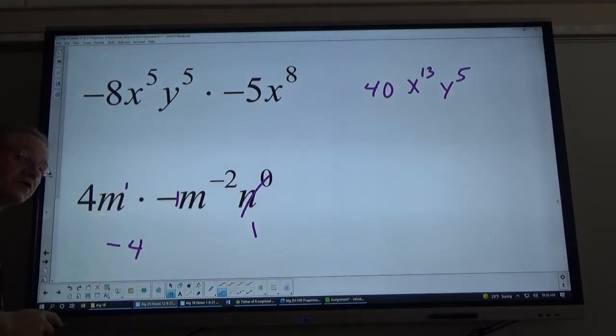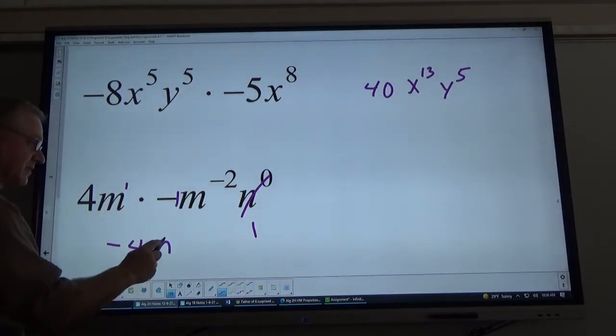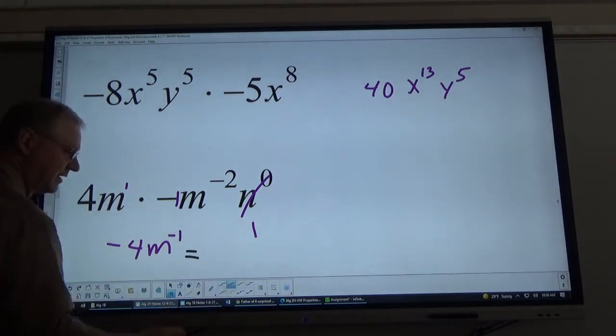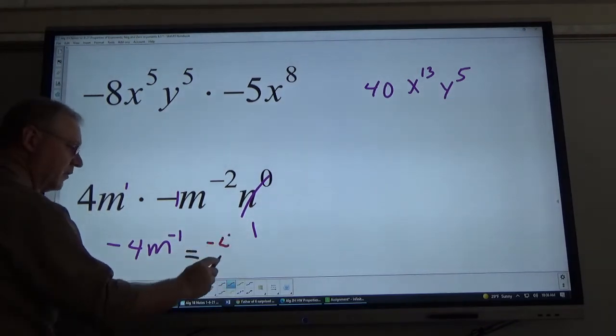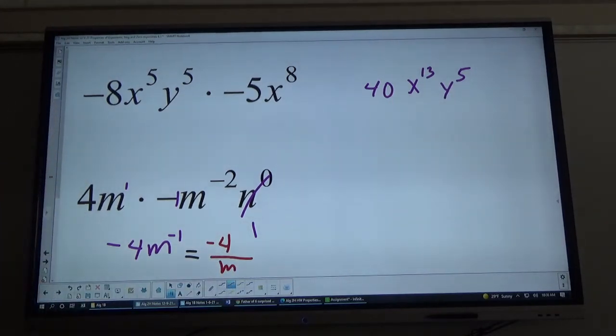M to the first times m to the negative 2, that I add my exponents and it's a negative 1. Well, that's the same as saying negative 4 over m to the first, or just m. And there's my final answer.